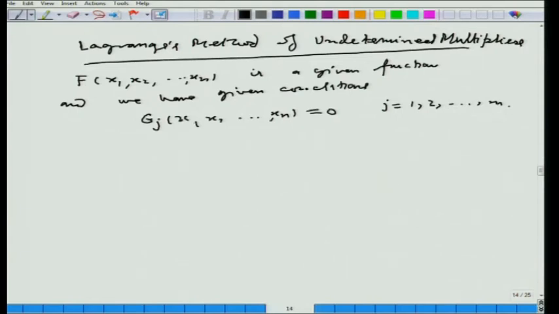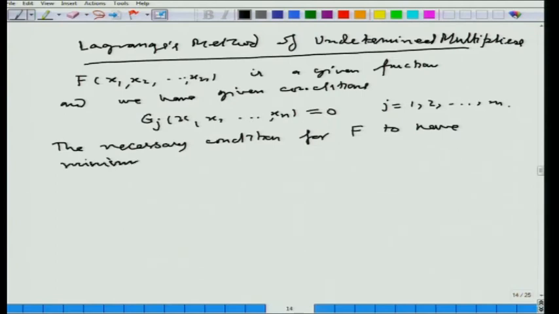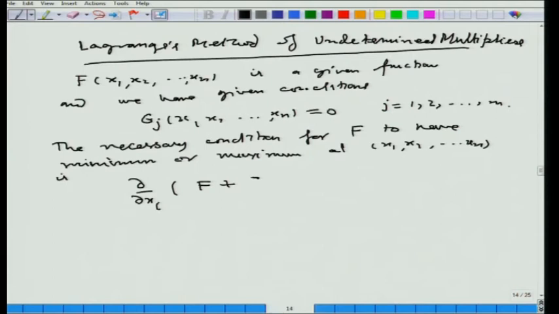Then the necessary condition for f to have a minimum or maximum at x1, x2, ..., xn is that ∂/∂xi of f plus the summation j equal to 1 to m of lambda_j G_j is equal to 0 at x1, x2, ..., xn.